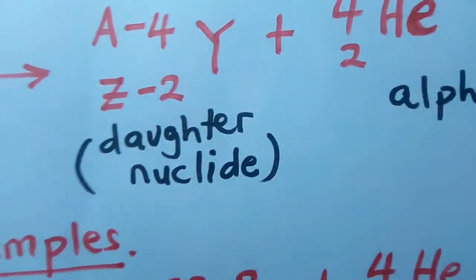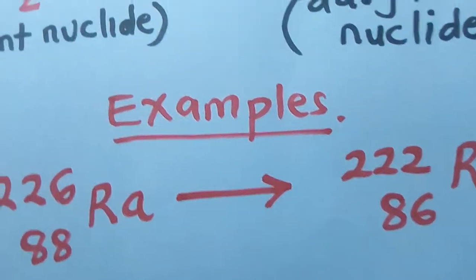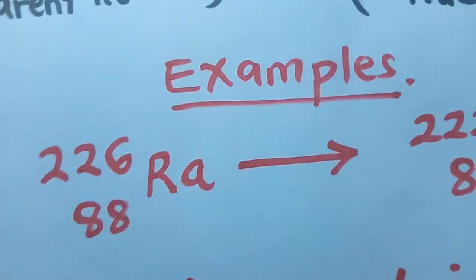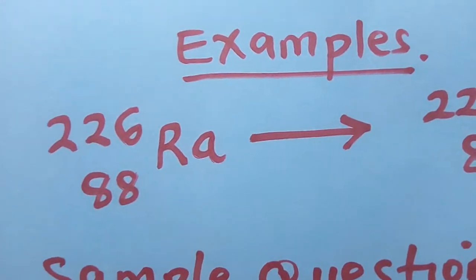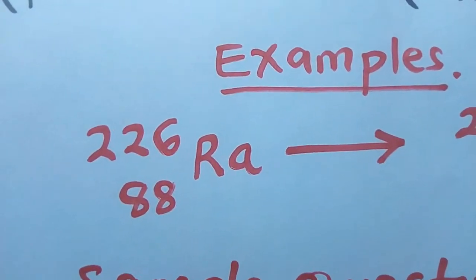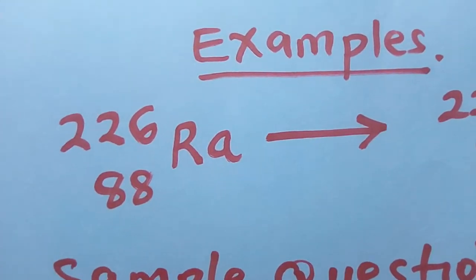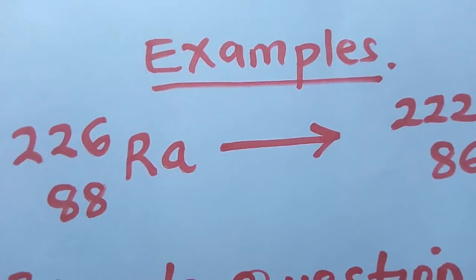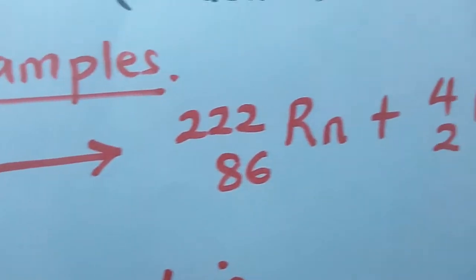We can have an example here where the parent is Ra, that is a symbol in the periodic table, that is radium. Radium has atomic number 88, mass number 226. So if that is the parent, then it produces the daughter.